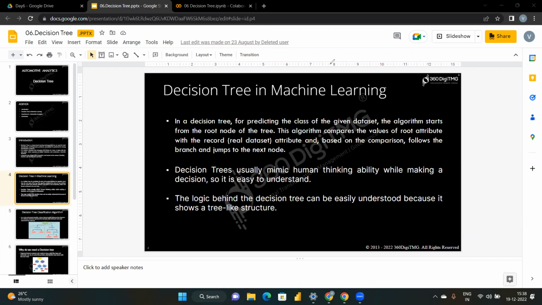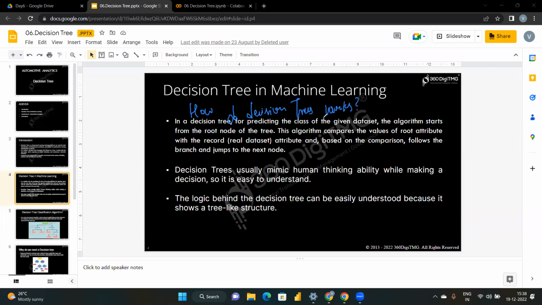The first thing I was explaining is how decision trees work.